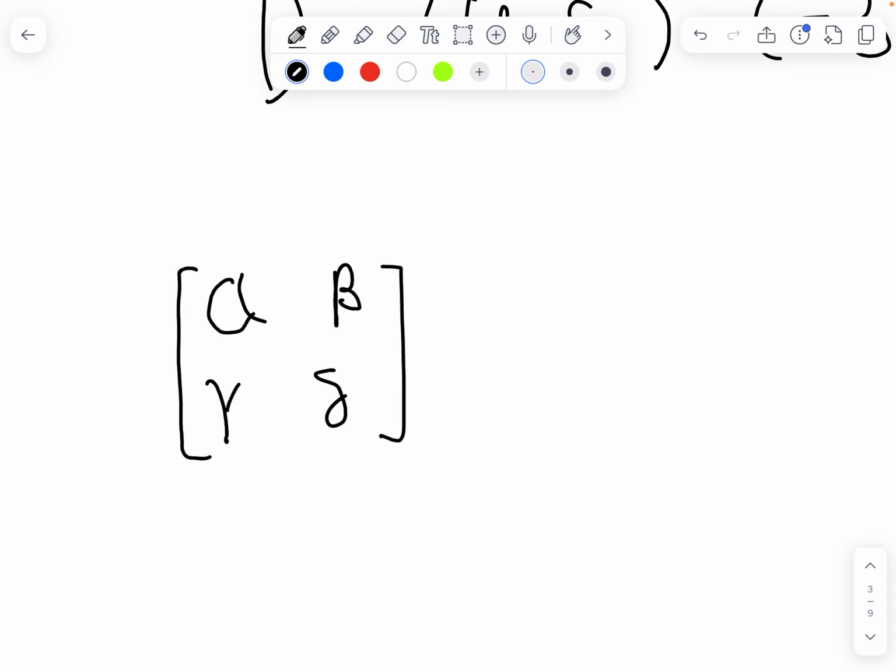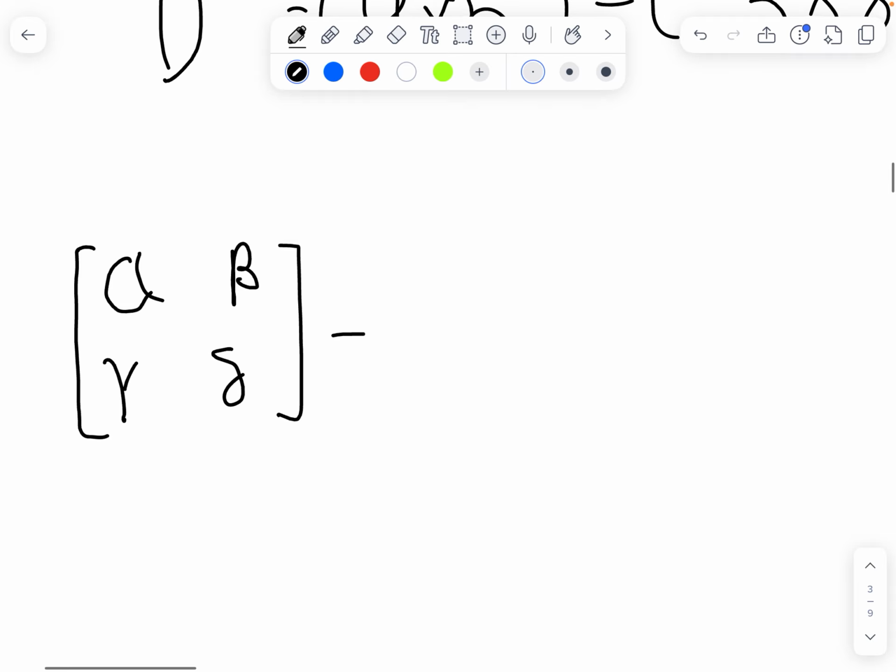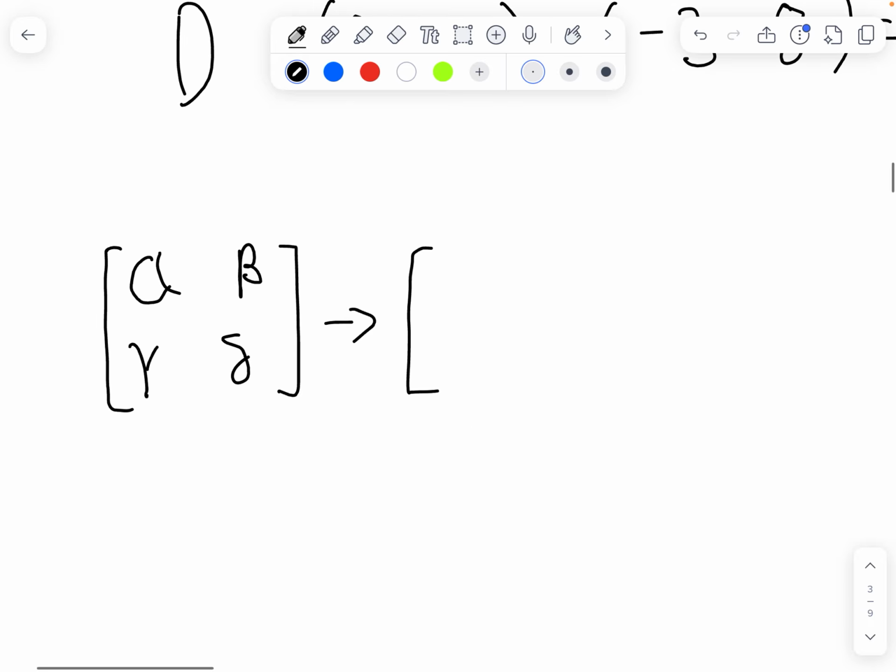So now what we need to do is turn this into, so then this would be gamma, this would be negative beta, this would be negative gamma, and this would be alpha.